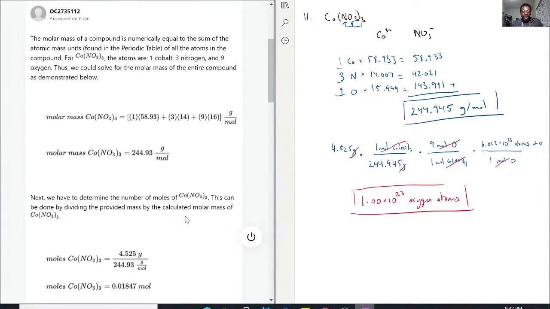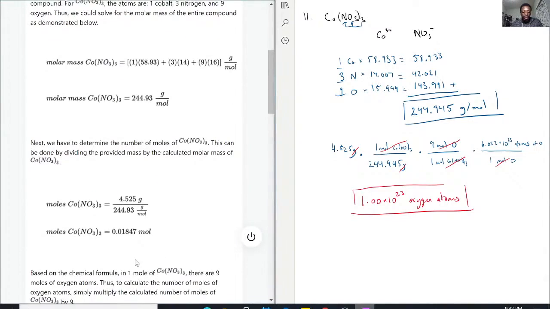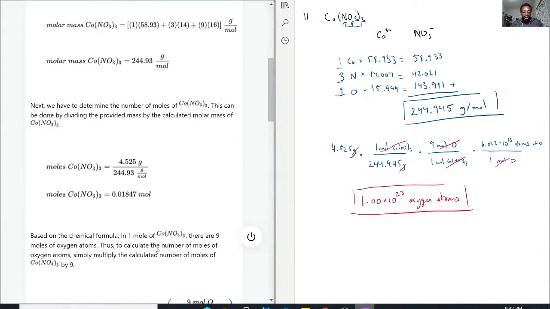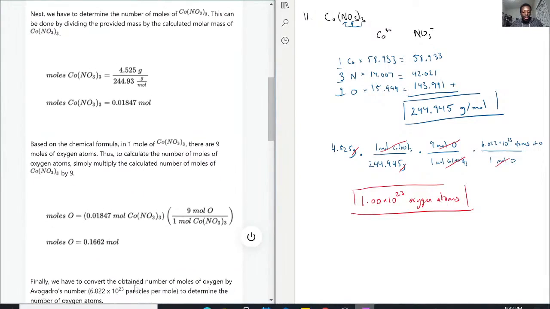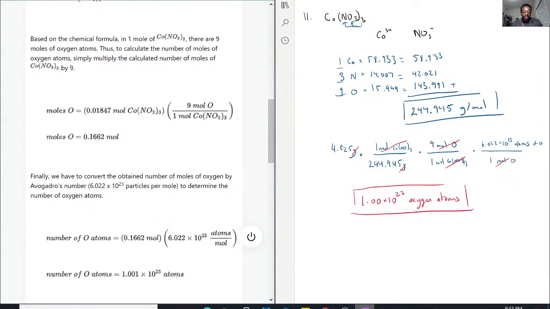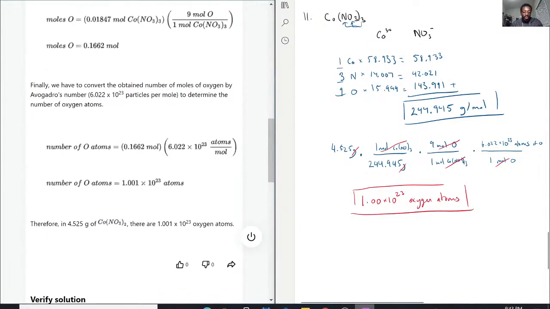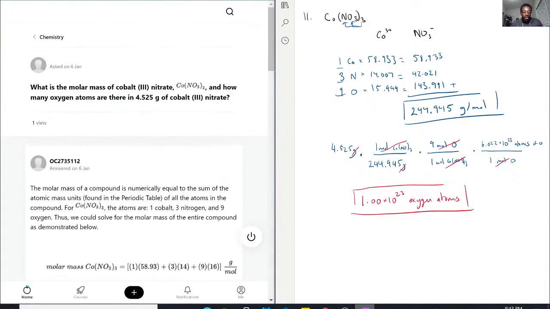Okay, and then we found the moles. Well, that's what they did, 0.01847. Then they multiplied that by 9 because there's 9 moles of oxygen atoms, and they got 0.1662. Then they used Avogadro's number, perfect, and they got 1.001, which is actually what I got. I just wanted to round up a little bit earlier. I'm just trying to check the original question.